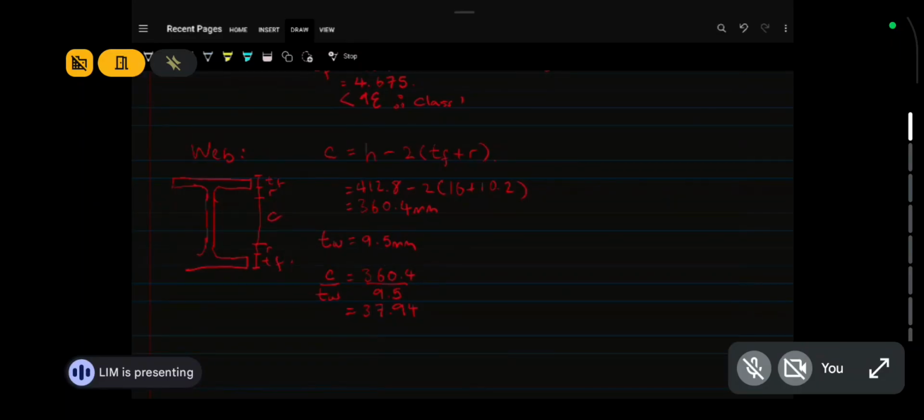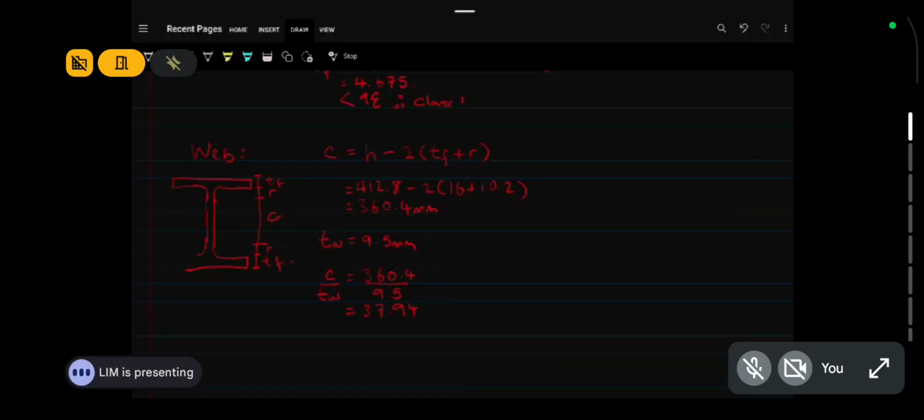Now, what is the limit for class 1? We go to the next table. For class 1, the limit is 72 epsilon. What is 72 epsilon? 72 times 0.92 is 66.24. C divided by TW is 37.94, and 72 epsilon is 66.24, so obviously it's less.